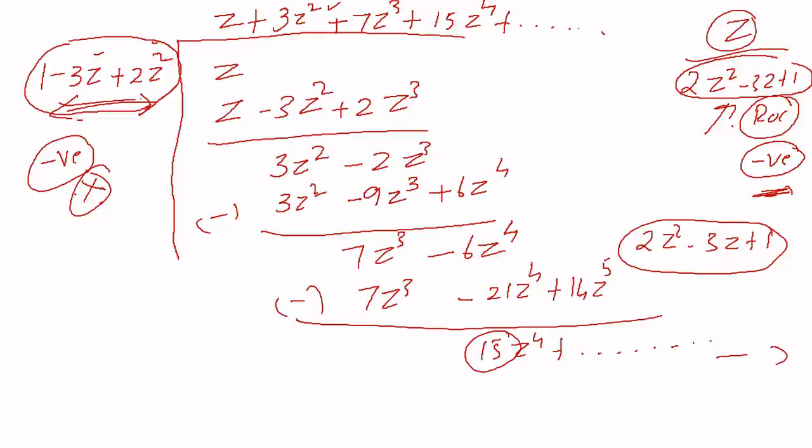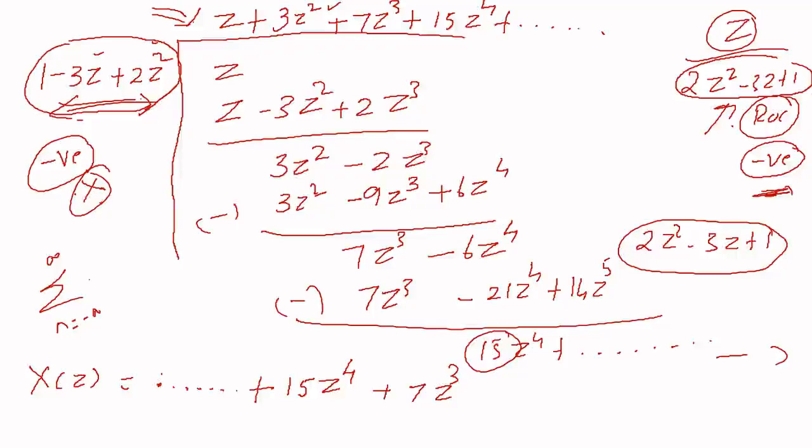Somehow I have divided this and obtained the coefficients like this. So let me write the coefficients separately. X of z equals, since numerous constants will be there, I am just denoting it as a dot, plus 15z power 4 plus 7z power 3. I hope you know why I am writing this, because of the summation structure x of n z power minus n. That is the reason this is now descending.